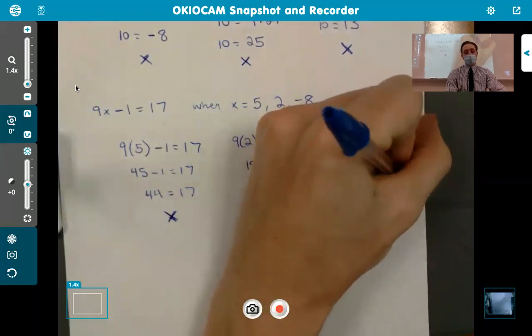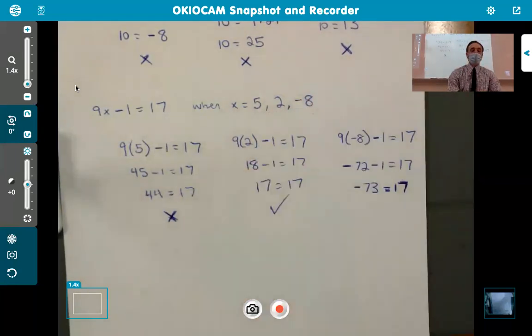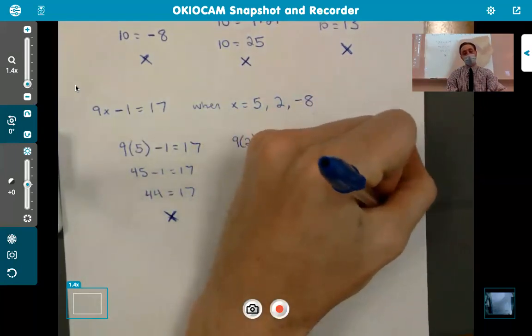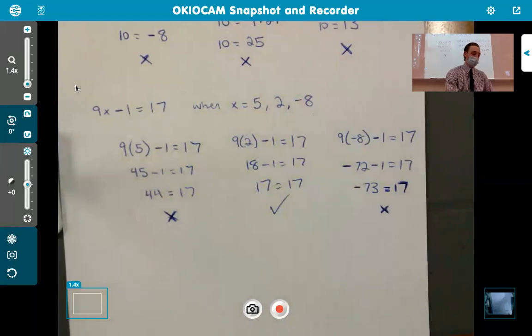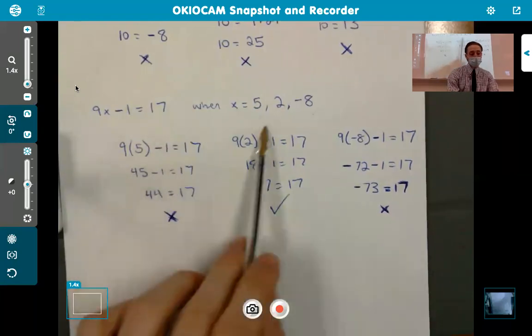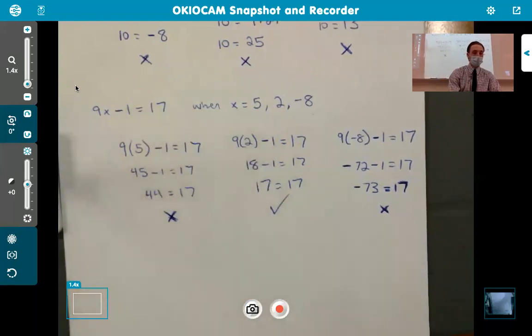Is negative 73 equal to 17, or is there the same number on either side there? Absolutely not. So it is not a solution, okay? So negative 8 is also not a solution. So the only solution that I have here right now is x equals 2, okay?